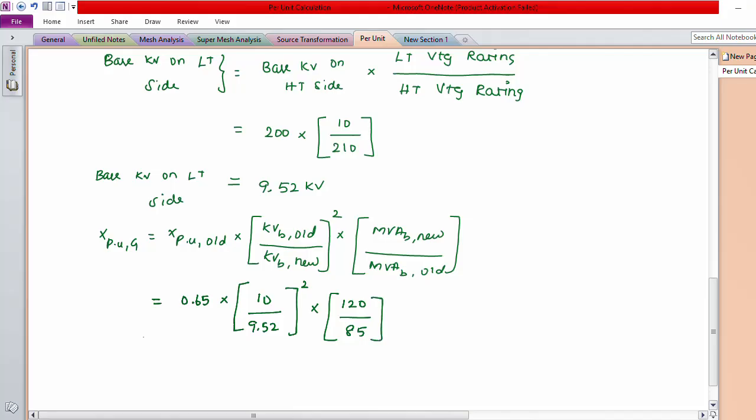Now if you solve this value, we will get X per unit generator, that is 1.012 per unit.